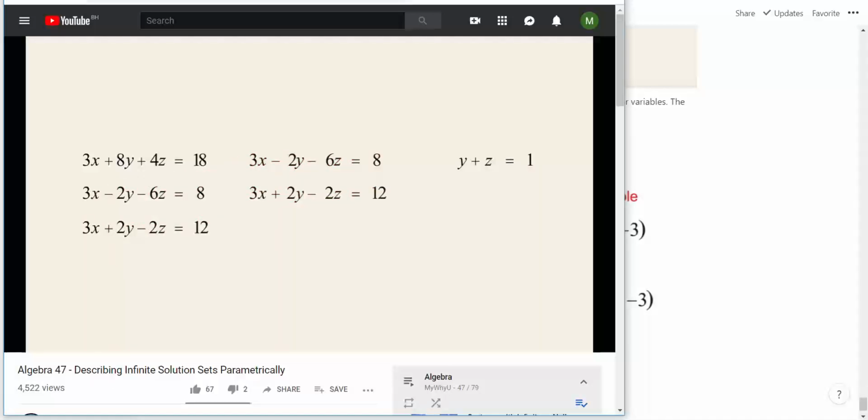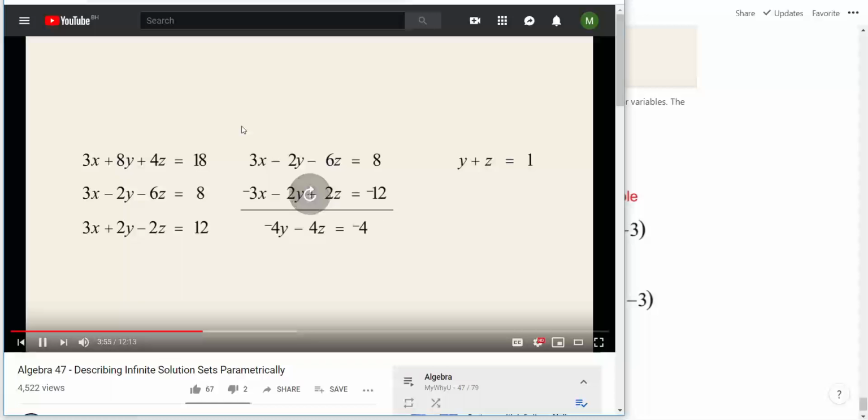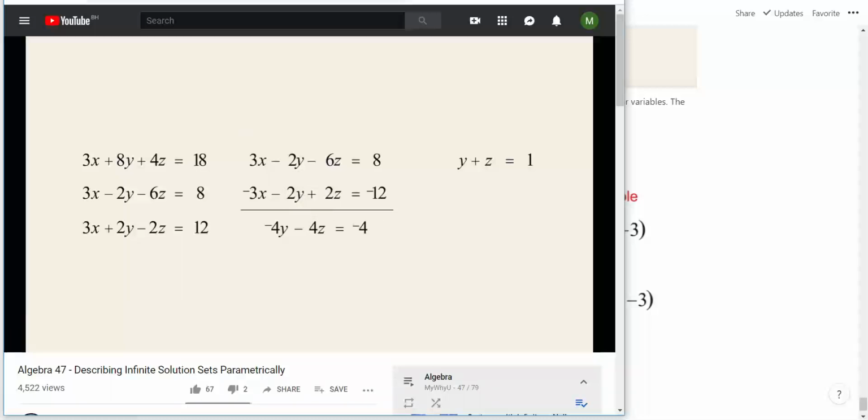Multiplying the third equation by -1 and adding the equations, and dividing by -4, we once again get y plus z equals 1.